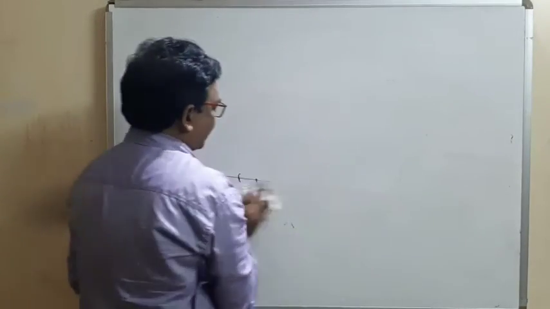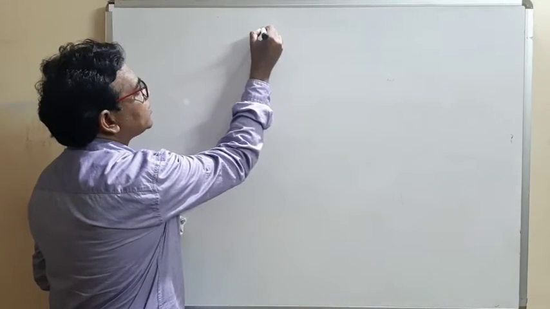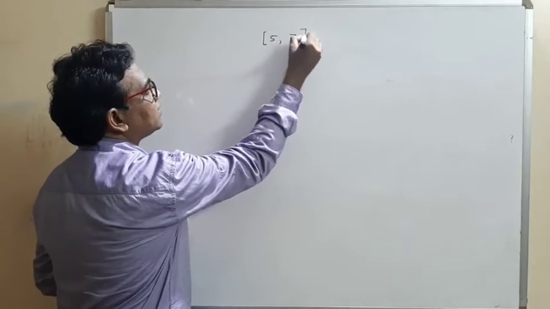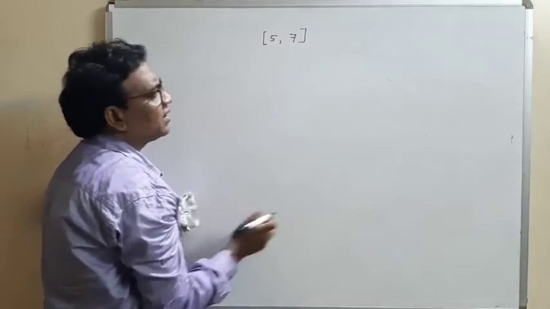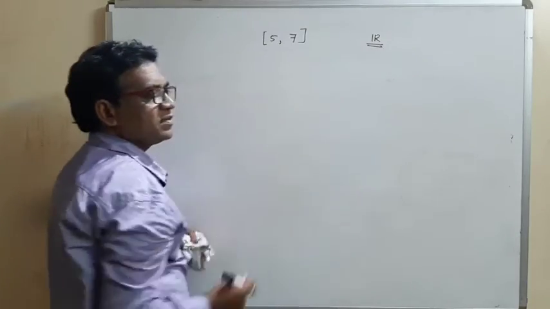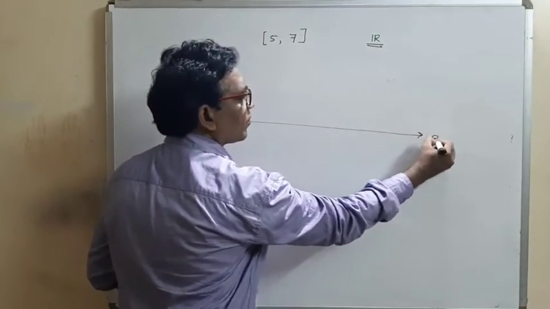Now consider the next example. The closed interval 5 to 7. Just find the limit points of this set, and again we take R as the given space, that is the set of real numbers. Now suppose this is the real line.